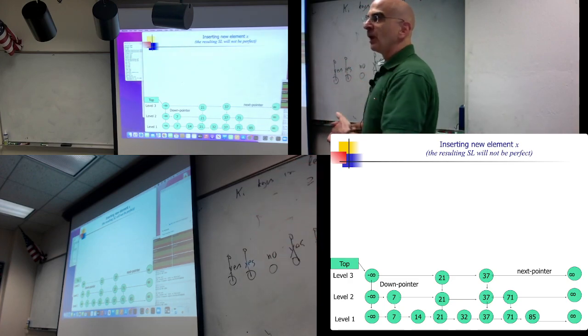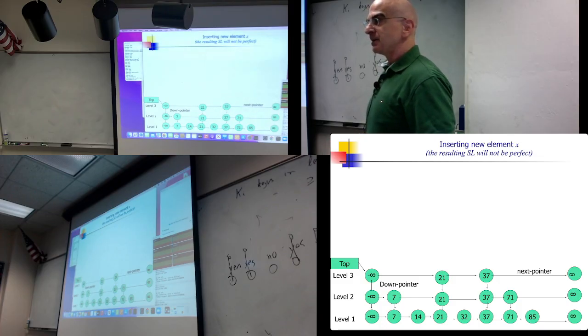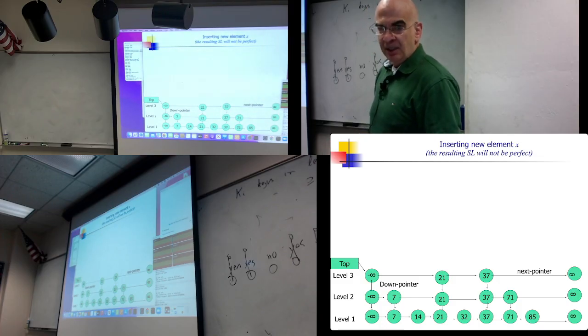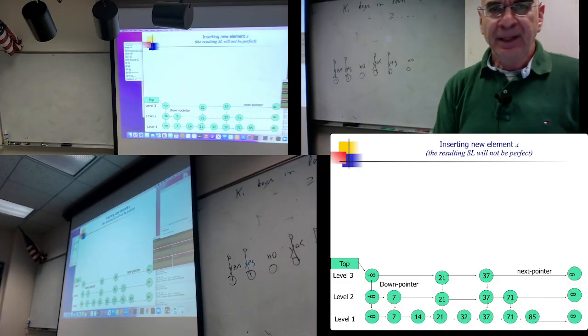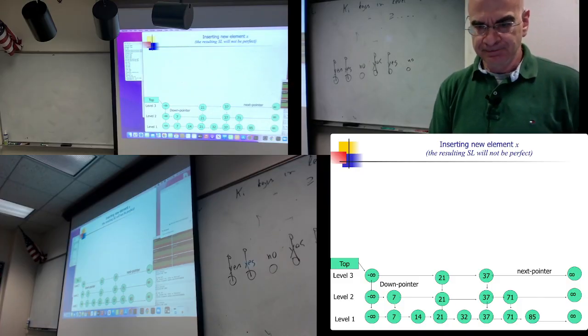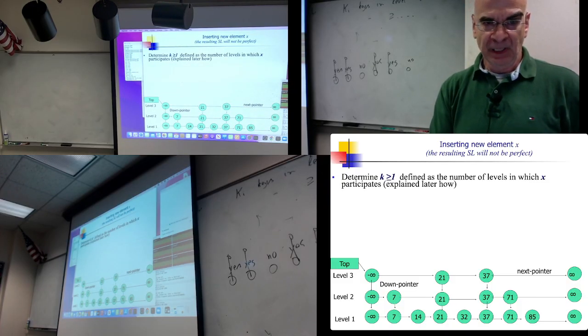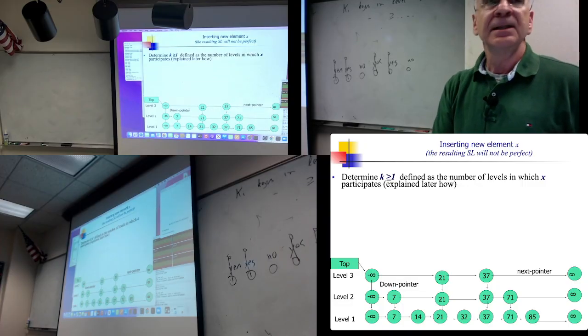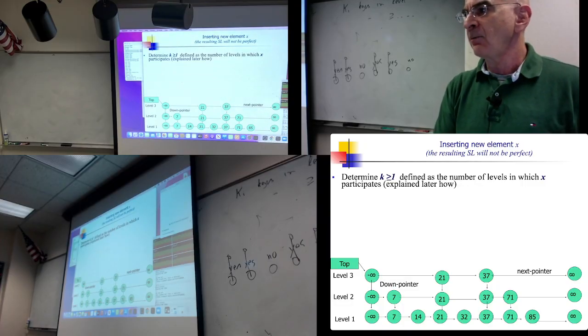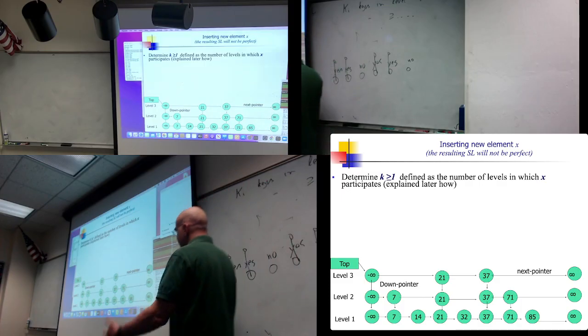I want to show you, in contrast, how simple it is to do it in a skip list. So, first thing, I want to insert a new key x. I want to determine this magic number k: in how many levels x is going to participate. Obviously I want to balance my keys somehow.